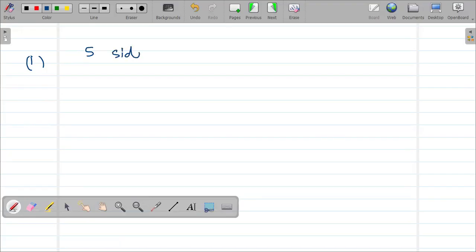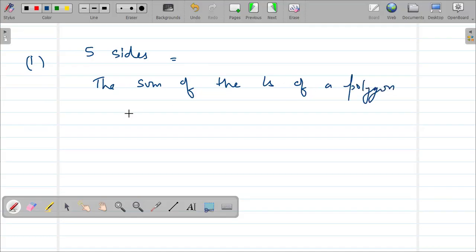How will we find out the sum of the angles of a polygon of n sides? We will write the sum of the angles of a polygon of n sides.